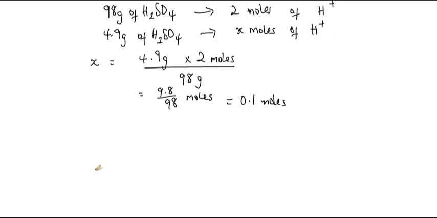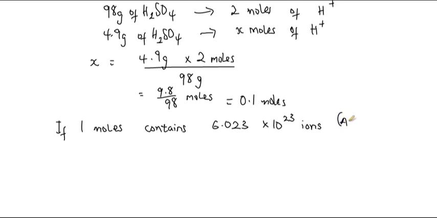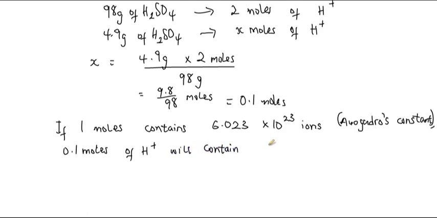So here now we are dealing with number of ions. So we'll just put it that if 1 mole contains 6.023 times 10 raised to the power 23 ions, Avogadro's constant, then 0.1 moles of hydrogen ions will contain X ions.